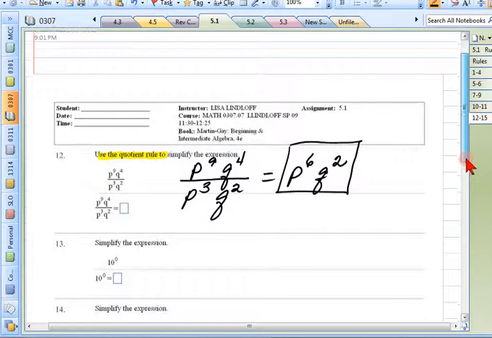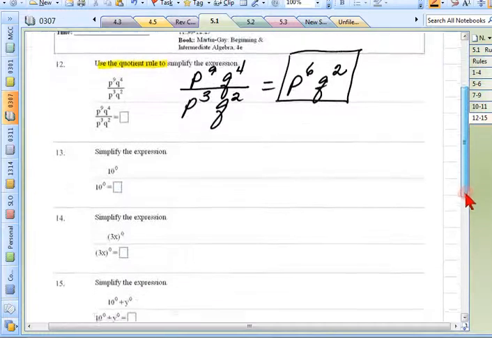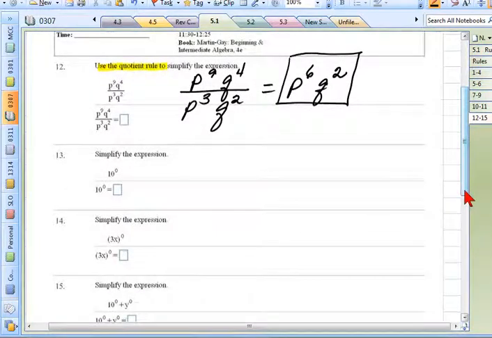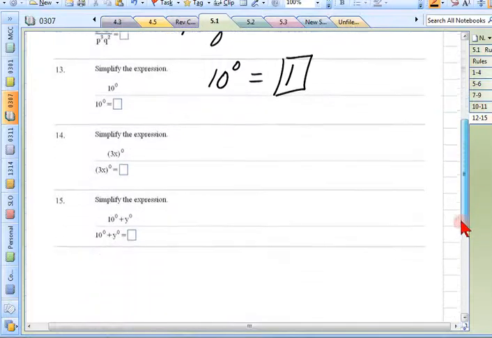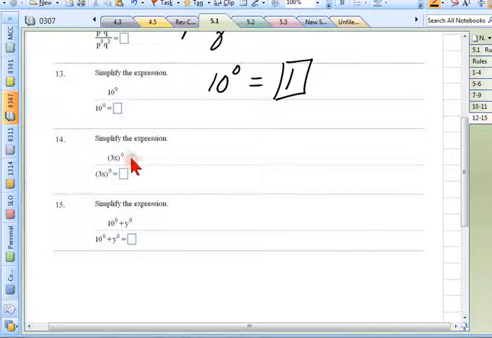All right, the last ones I hope you will find to be very, very easy. Number 13, it says simplify the expression. It doesn't reference a rule. I have 10 to the 0 power. That is equal to 1. Number 14, I have 3x in parentheses to the 0 power.